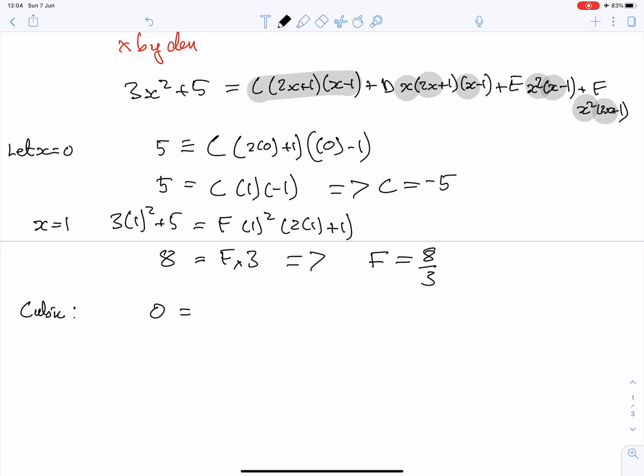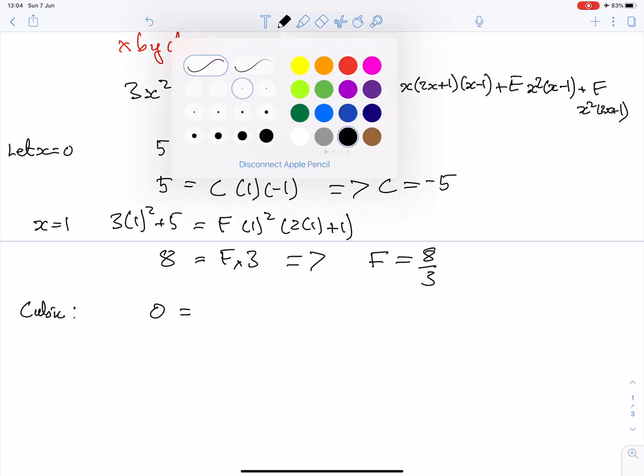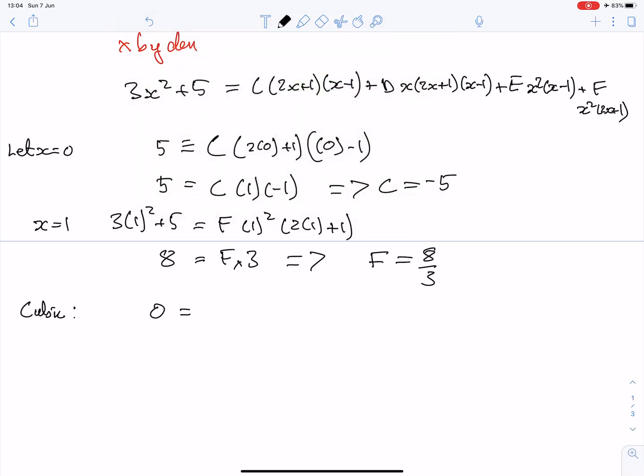So, let's go back. So the C term we said doesn't give us a cubic.